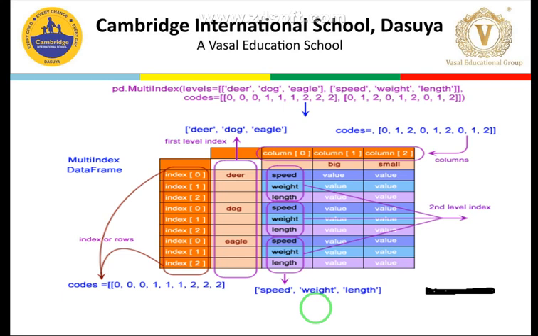So students, this picture gives us better clarity of a multi-index data frame. This is just equivalent to multi-dimensional arrays. Clear? Generally we go with the two-dimensional array, but in real life we may encounter a multi-dimensional environment. So you can easily compare it with your mathematics concept of matrices.